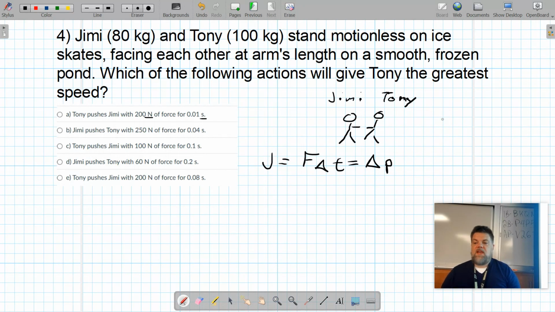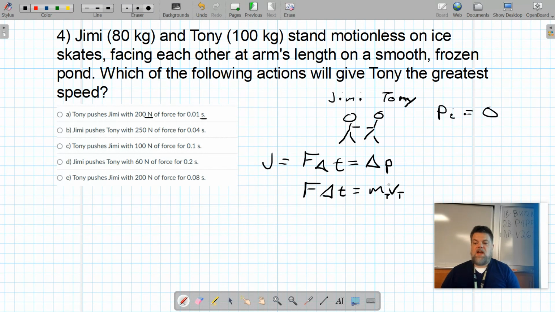Now, if we think about Tony's initial momentum and Jimmy's initial momentum, their initial momentum is equal to 0. So their final momentum would be m v, the mass of Tony and the velocity of Tony, equal to the force times time.